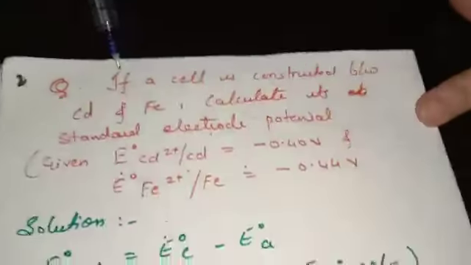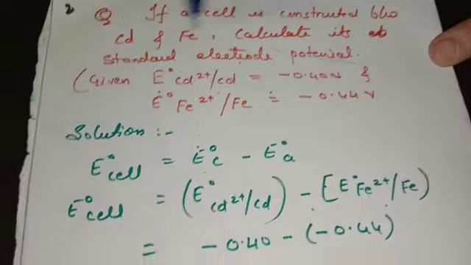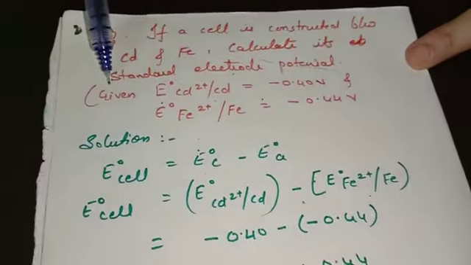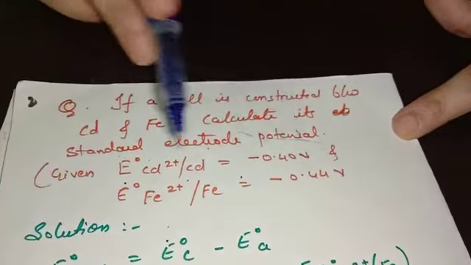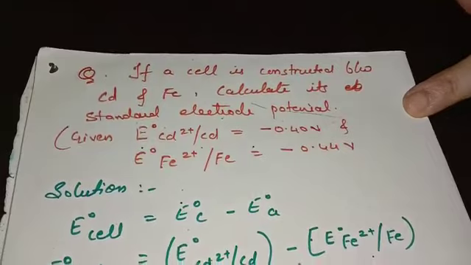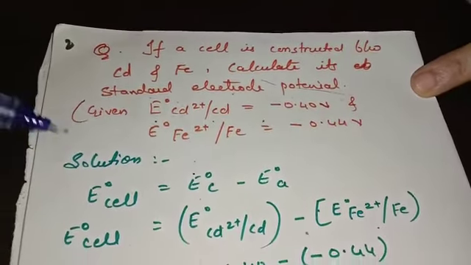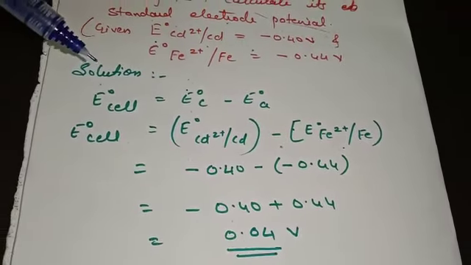Now if a cell is constructed between cadmium and iron, calculate its standard cell potential. Given that the standard reduction potential of cadmium is minus 0.40 volt whereas that of iron is minus 0.44 volt. Now coming to the question, the formula is E naught cell equals E naught cathode minus E naught anode.